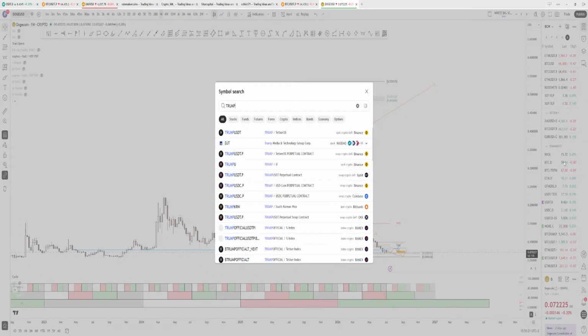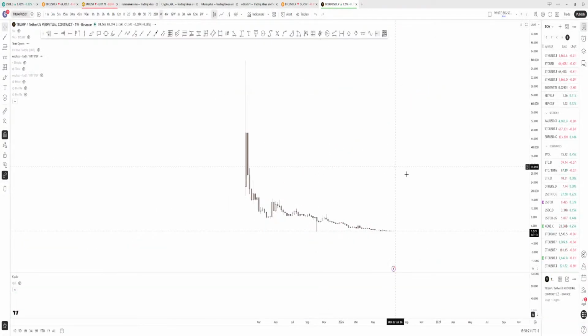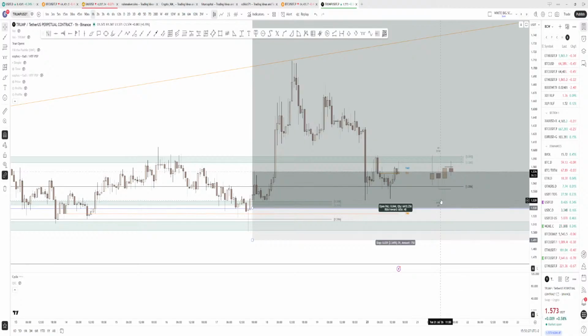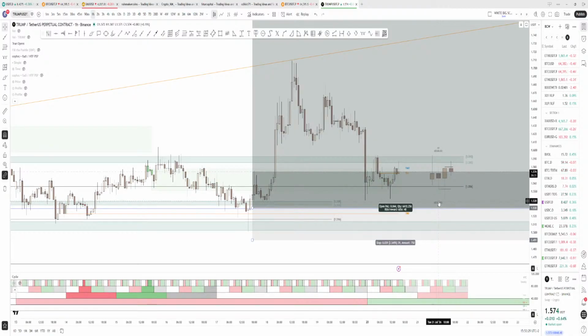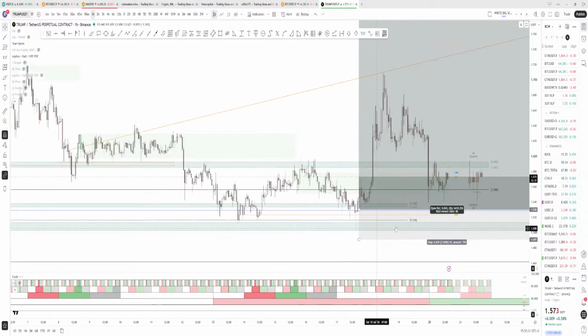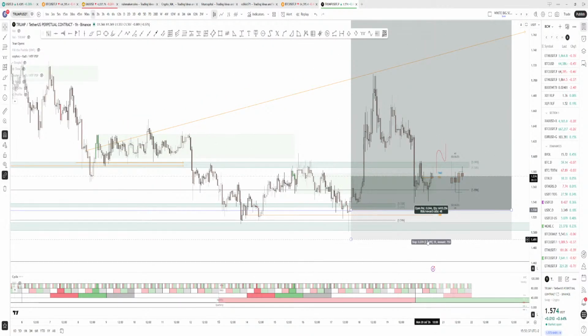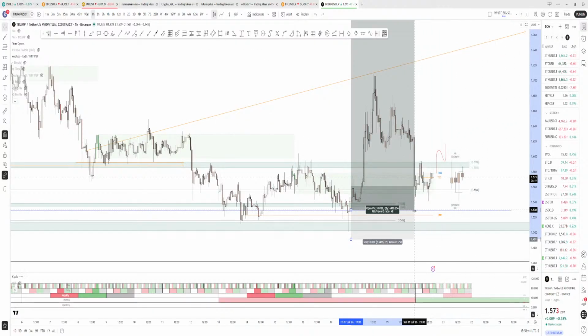Let's check Trump. We are in long on this one, then stopped break even but took some profits. Still holding the level, but I'm kind of waiting on what it's going to do here. You want to see a recovery above this level first, and we can talk about long again. Or wait, let me see if it was stopped at break even or not.